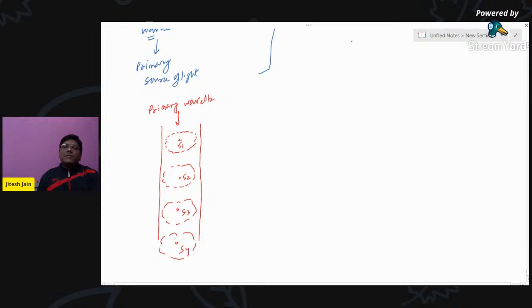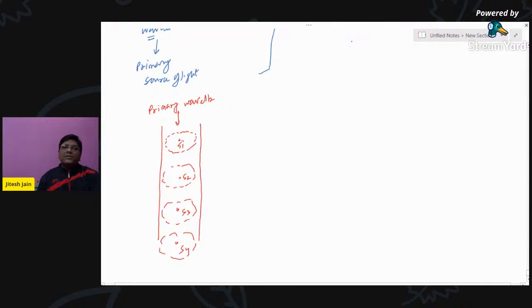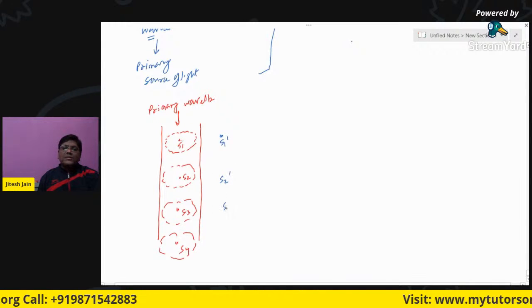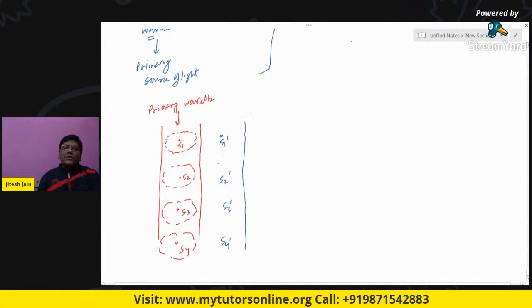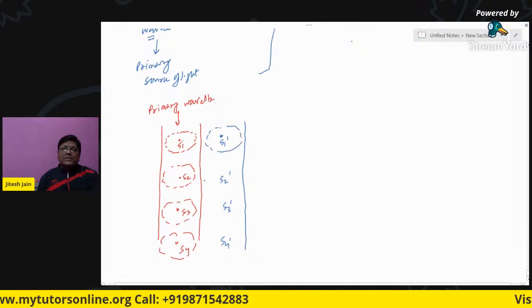So these primary wavelets are now going to be replaced by secondary wavelets. That will be S1 dash, S2 dash, S3 dash and S4 dash. Now a wavefront is going to develop in the same manner, like this.